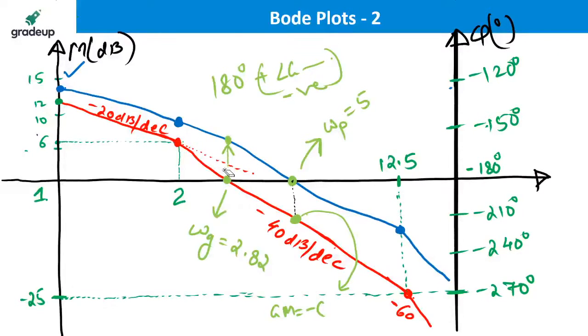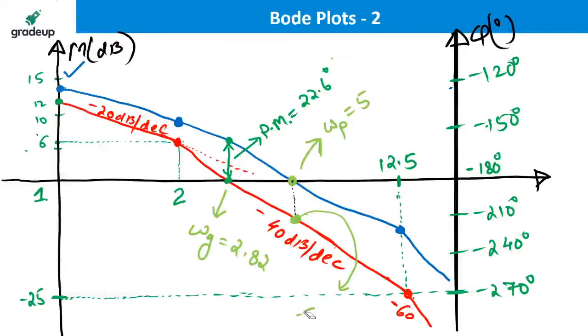This difference here. I'll highlight with some dark color. This difference of 180 degree and angle at omega g, this difference is basically the phase margin that I can highlight in the plot. And that was obtained to be how much? 22.6 degree.